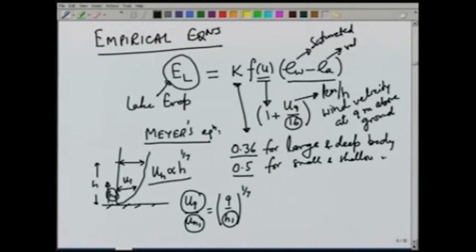The other two terms which we need are saturated vapor pressure, and this is vapor pressure in air. The saturated vapor pressure EW is a function of temperature, and typically a curve like temperature versus EW would be available to us.